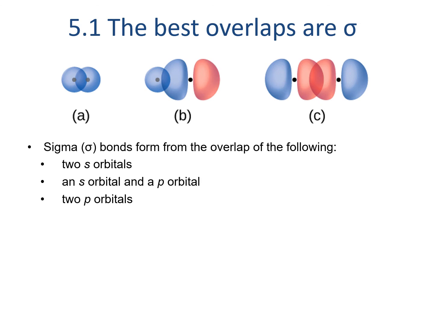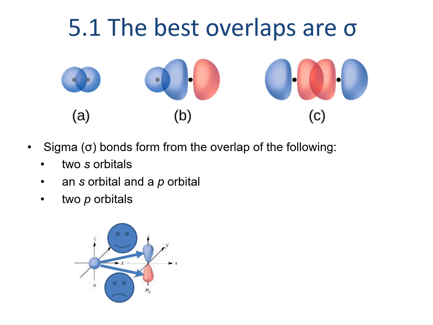From left to right, these overlaps form most commonly from s orbitals interacting with each other, seen in A, or s and p orbitals interacting, seen in B, or p orbitals interacting head-on, which we can see in C. Notice that if we flipped the rightmost p orbital 90 degrees in either B or in C, we'd end up with constructive interference on one side, but the same amount of destructive interference on the other side. This means that the orientation of the orbitals for these overlaps really matters.